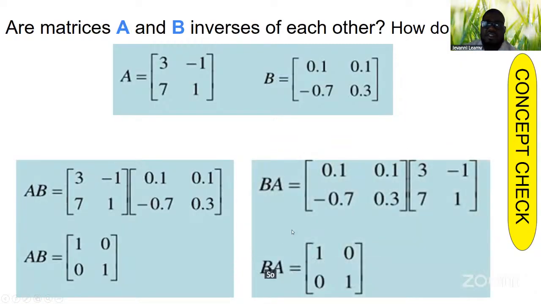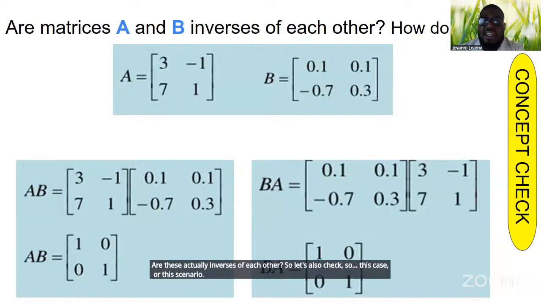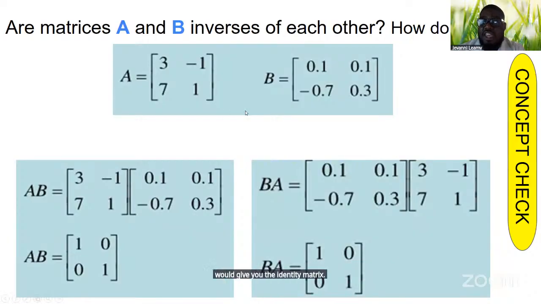So yes, it does actually happen as well. It gives us an identity matrix. So we need to prove it a bit further to say, are these actually inverses of each other? So let's also check. So this scenario will give you the identity matrix when you multiply AB and BA. And this is a special type of proving, all right?